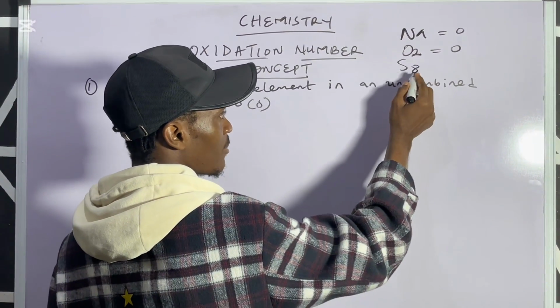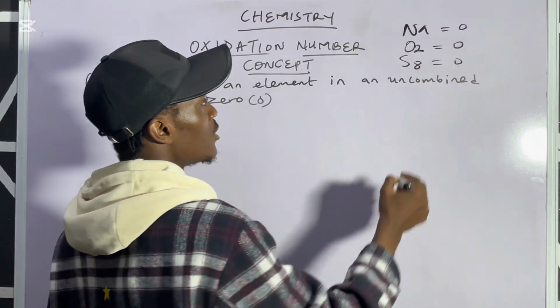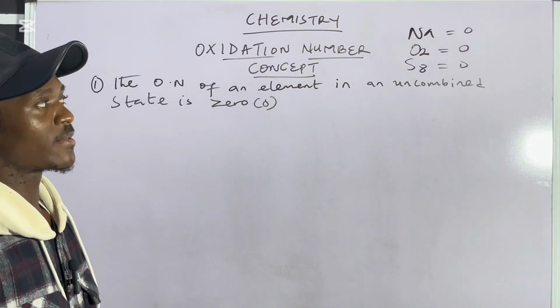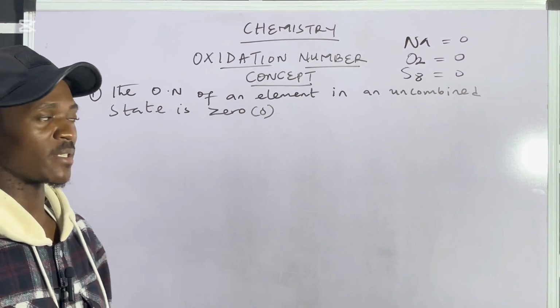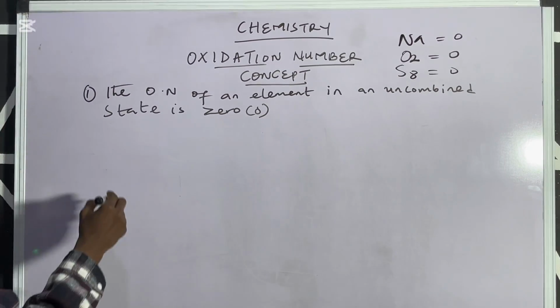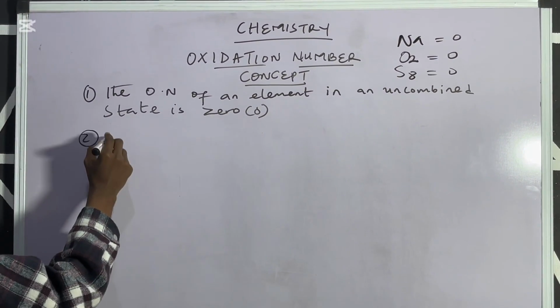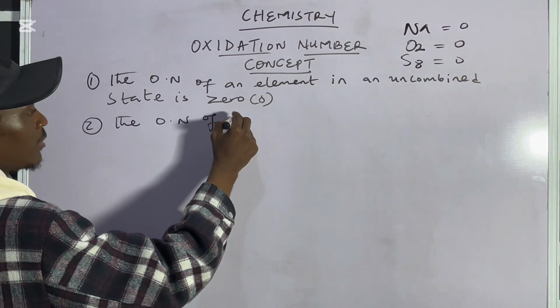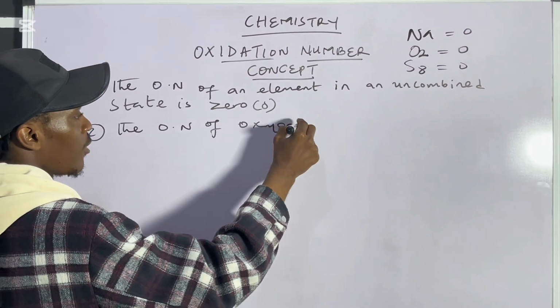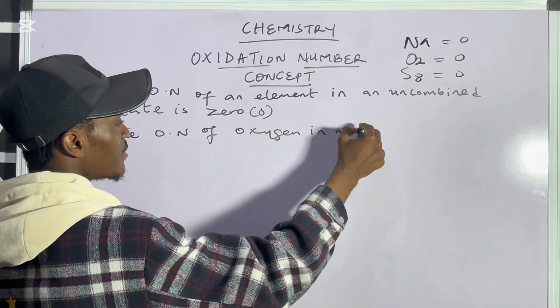S8, the oxidation number of sulfur here is still 0. So long as an element is not in combination with any other element, the oxidation number of such element is 0. That's rule 1.